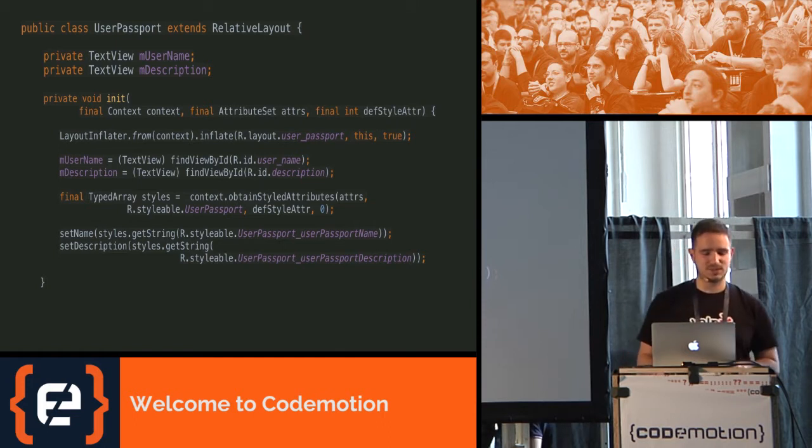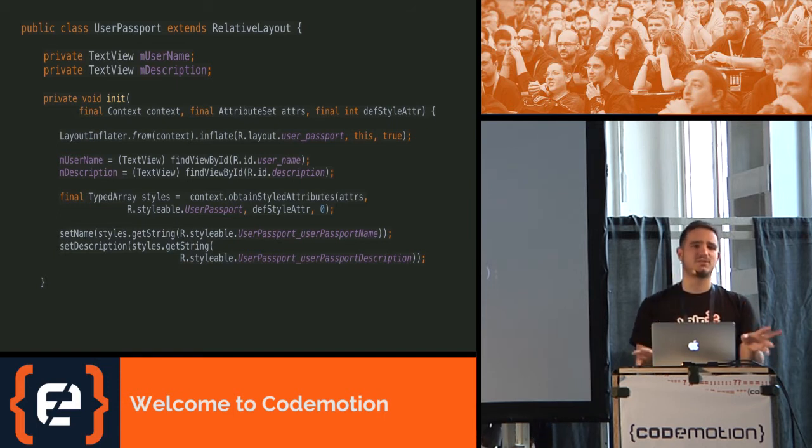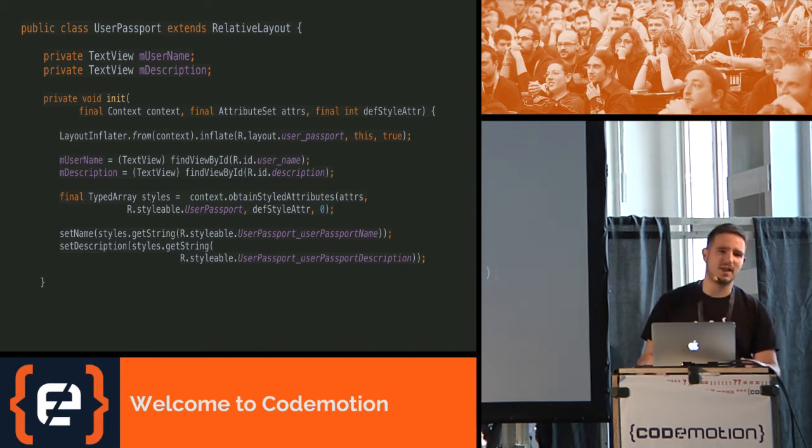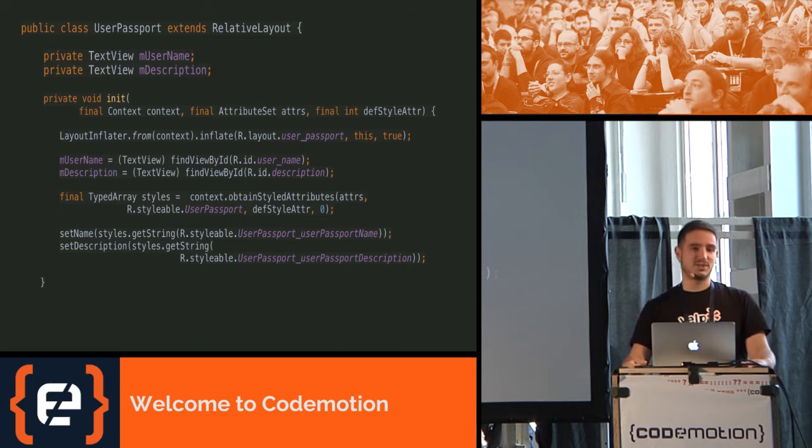Why we want to enforce this, as I said before, is because all the logic of visualization of widgets should be inside a setter. So we don't want logic inside the constructors, basically. And also, we want to enforce that every attribute can be set either from the XML or from the Java code.